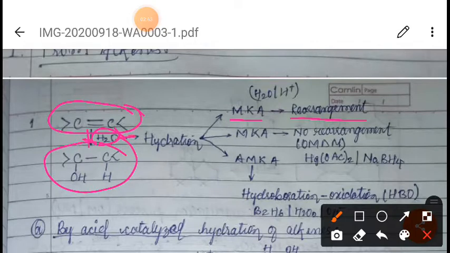This process of addition of water is called hydration. So the hydration of alkene to convert it into an alcohol can be carried out by three processes. One by one we will see.